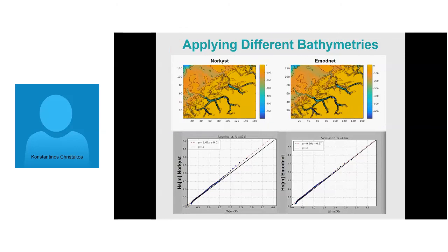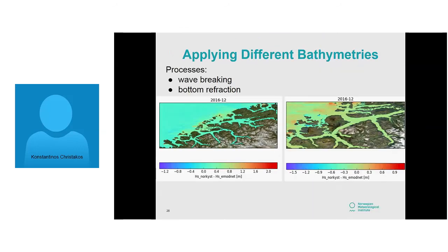The difference that I show is here. So the difference of the significant wave height. Yeah. So we see that one bathymetry seems to be shallow water and shallower than the other bathymetry. So we get more wave breaking closer to the islands, for example, in Igra.